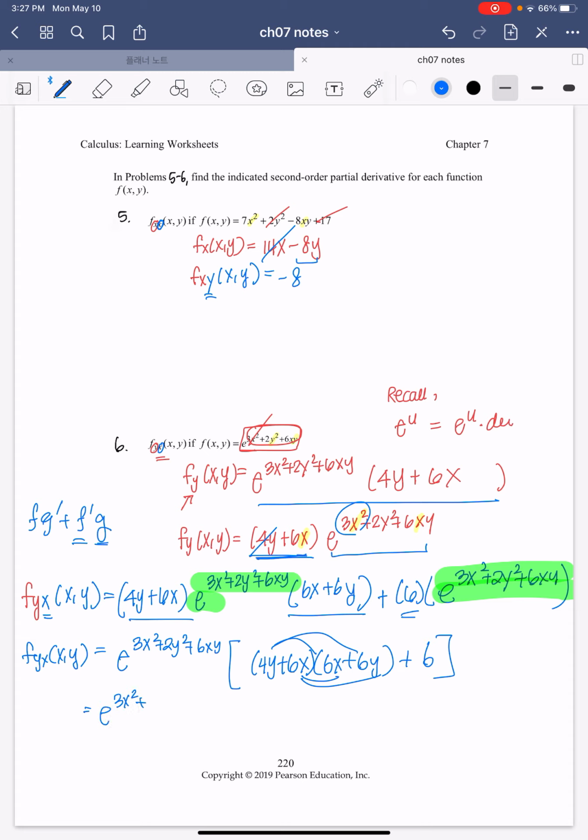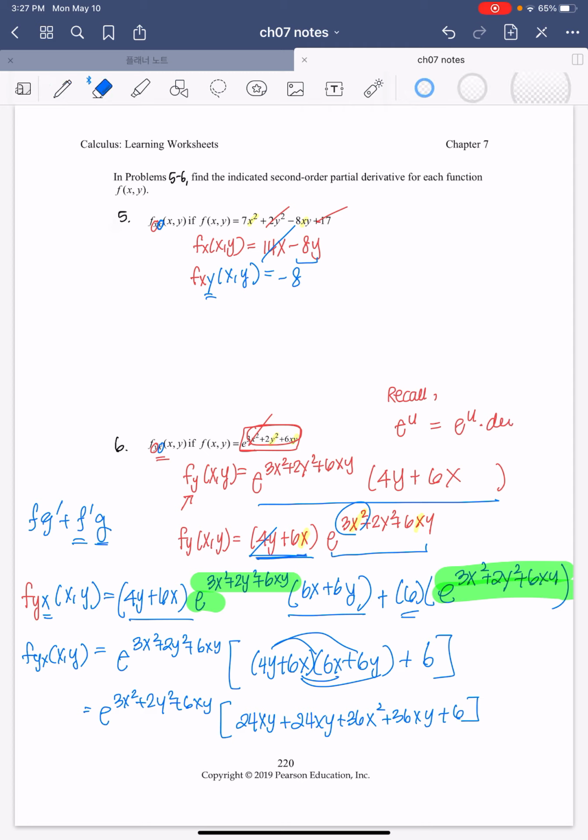So 4y times 6x will be 24xy. I have plus 24xy, 36x squared, plus 36xy, plus 6.